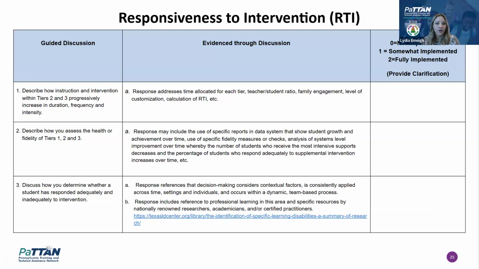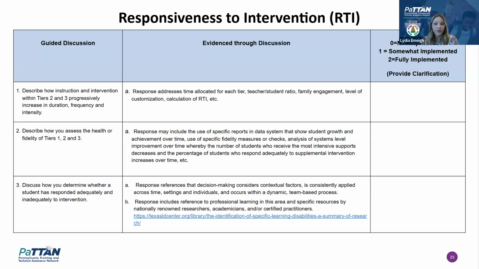The LEA team will also want to consider how they assess the health and fidelity of implementation across all tiers. Discussions may include reviewing specific reports within data systems that track student growth and achievement over time, utilizing fidelity measures or checks, and analyzing systems level improvements.